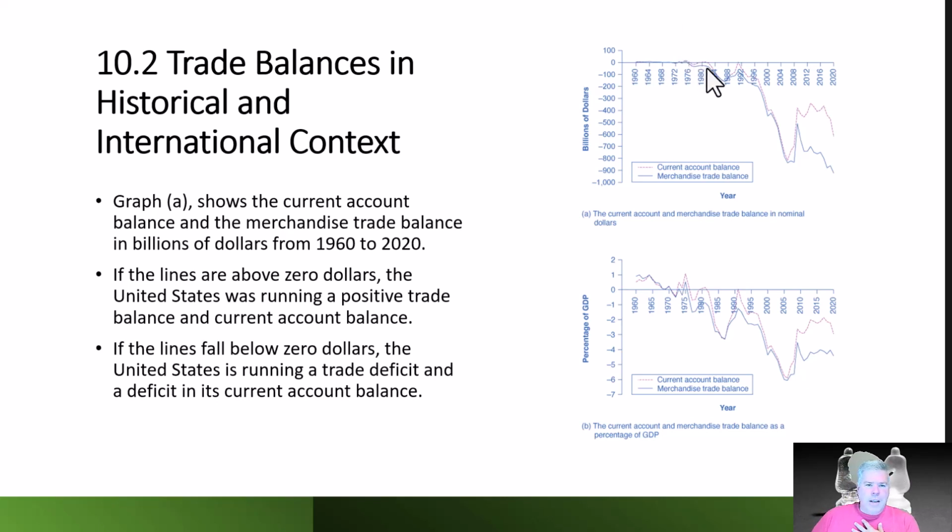That began to spread, but you can see that the numbers here were relatively low, and you had a relatively close association between the current account balance, which includes goods and services, and the merchandise account balance, which just includes goods.